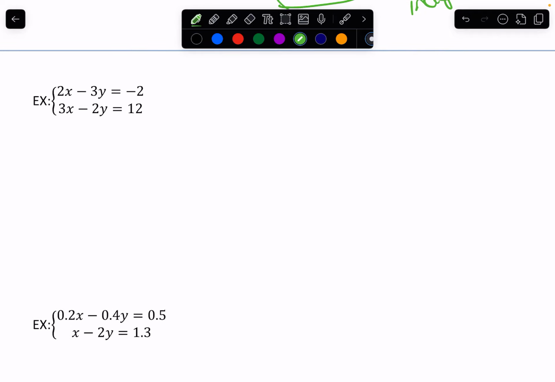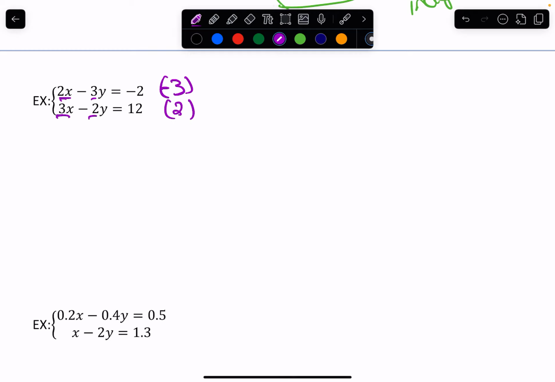So I'm going to keep going here. For this next one, we have a 2x and a 3x here, and we have a negative 3 and a negative 2 for the coefficients of y. So we can't just multiply one. We're going to have to multiply the other one as well. What I'm going to do is multiply the top by negative 3 and the bottom by 2.